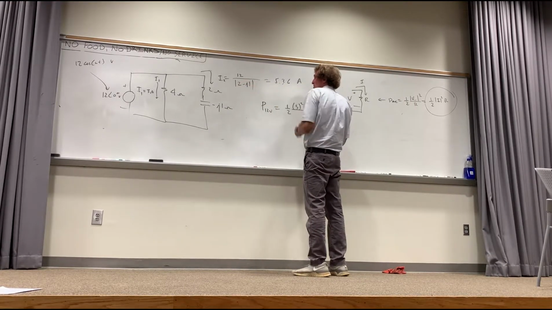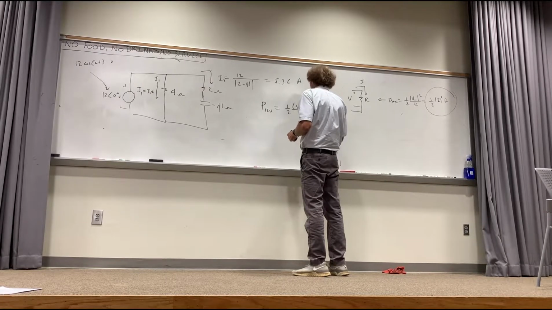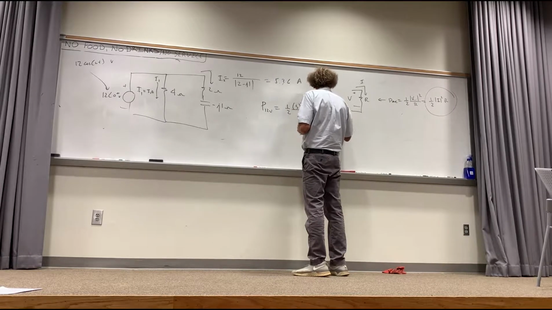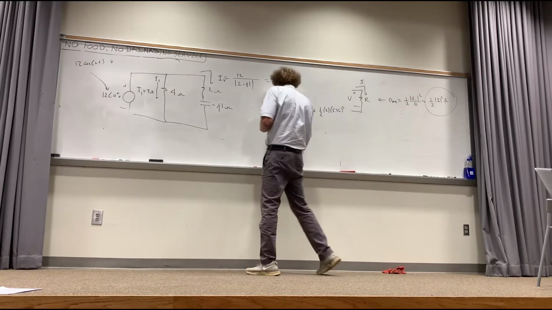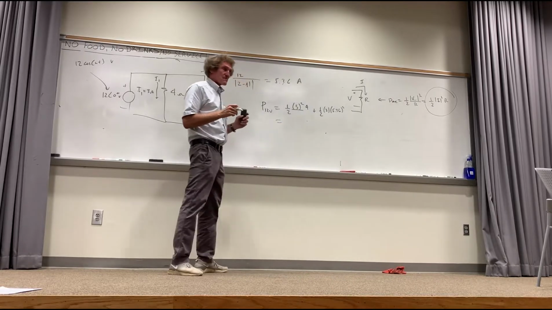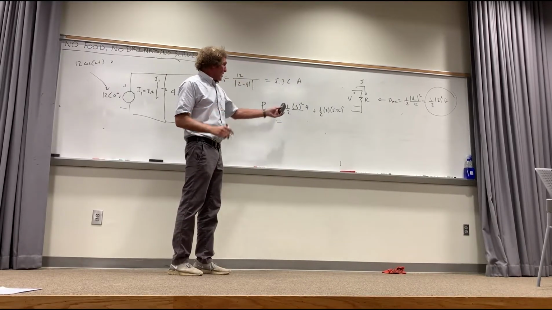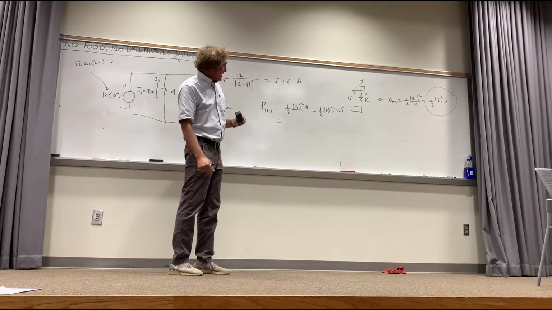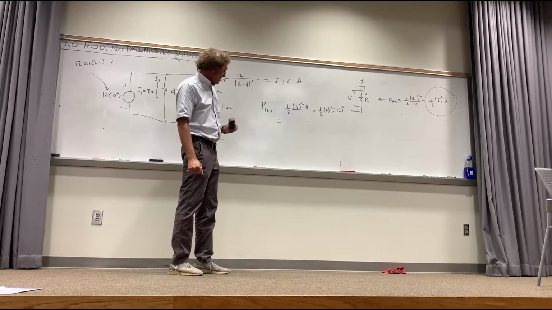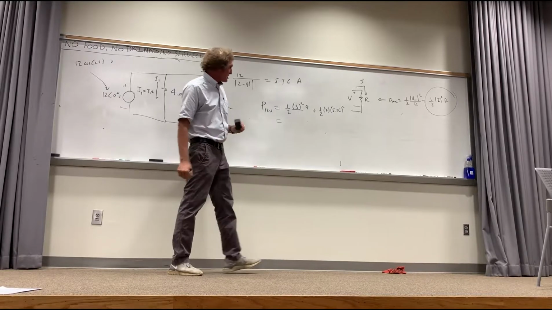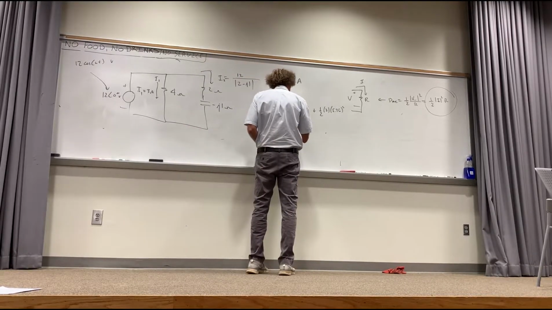Now you need the magnitude of current for that. So it's going to be 1/2 times 2, right, times I squared, which is 5.36 squared. What do you get for that? Well, let's see. That's going to be 9 times 2, or 18 for the first one, right?